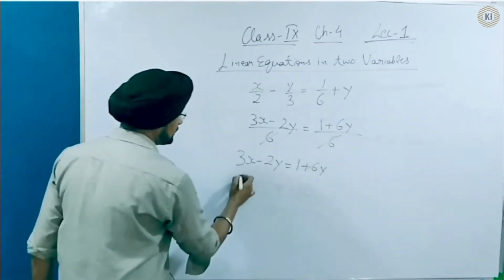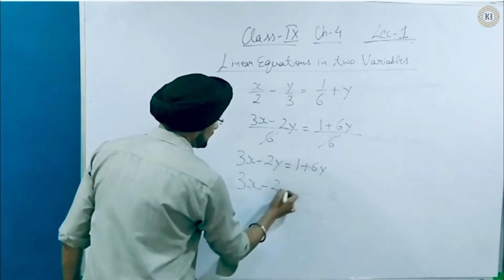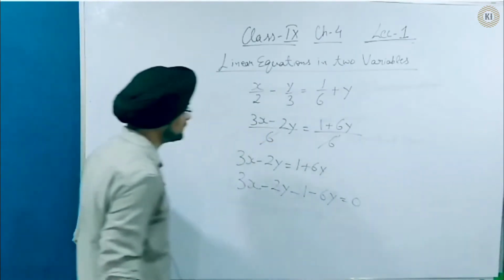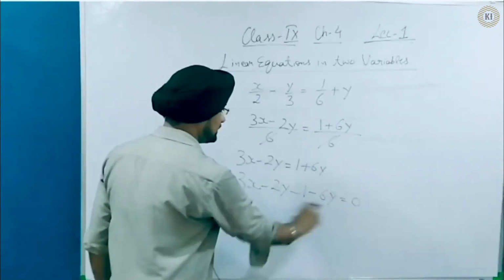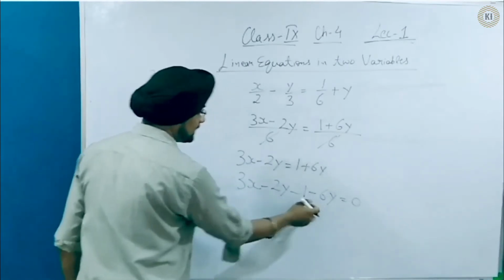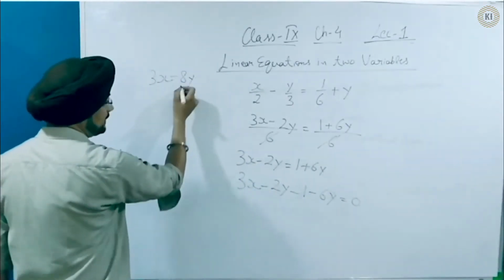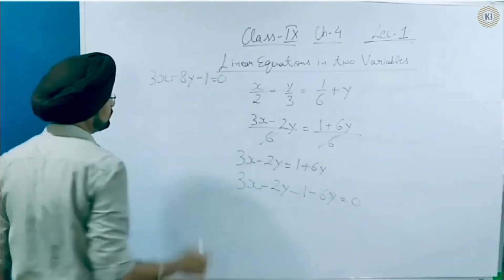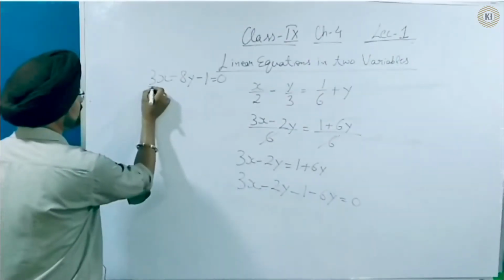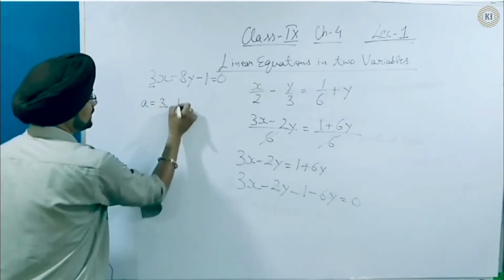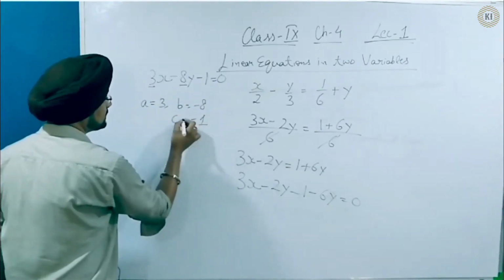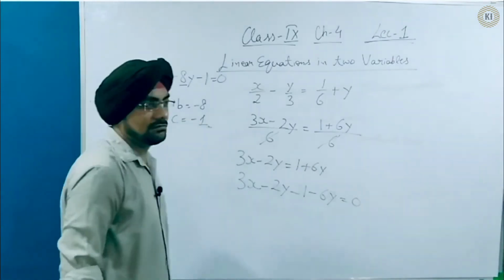Transfer these terms: 3x minus 2y minus 1 minus 6y will be equal to 0. So 3x minus 2y minus 6y, that is minus 8y, minus 1 is equal to 0. Now compare with ax plus by plus c is equal to 0. The value of a will be 3, the value of b will be minus 8, the value of c will be minus 1, and this will be the final answer.